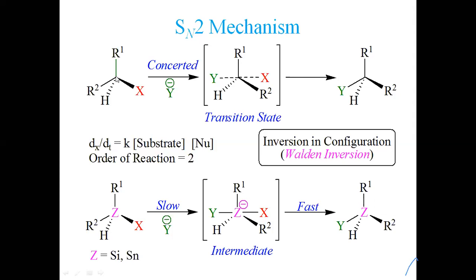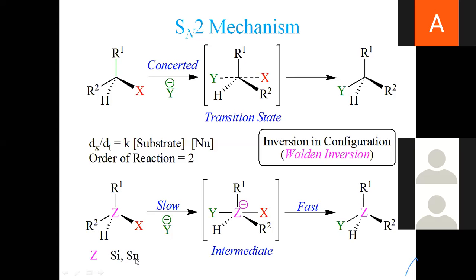So if in the center here it is not carbon, it is tin or silicon, then the chemistry is entirely opposite. Why? If this Z is silicon or tin, tin commonly called stannum, sorry, this is Sn, commonly called tin, but it is stannum in fact.